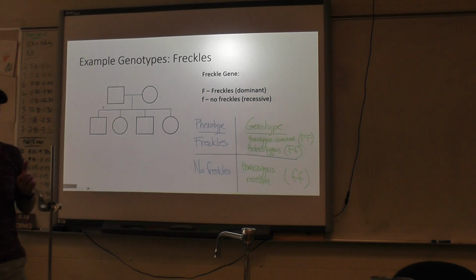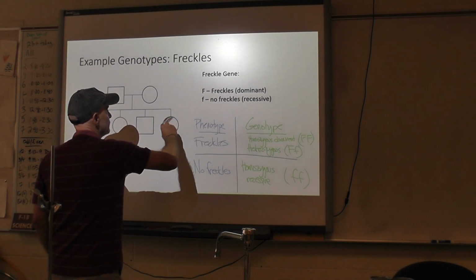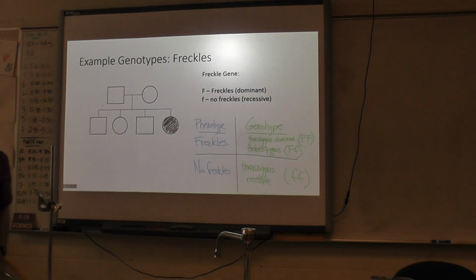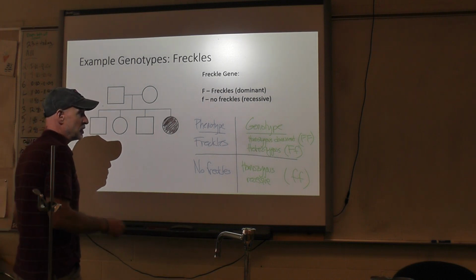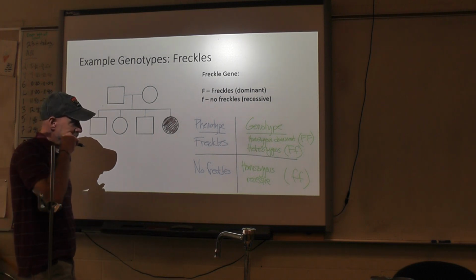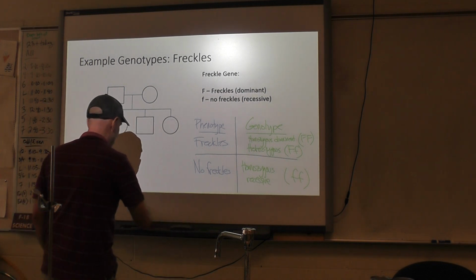In this case, the student who was female has freckles, and nobody else in her family does. And so what we were able to figure out from this was, well, sorry, the other way around. She has no freckles, and everybody else does.